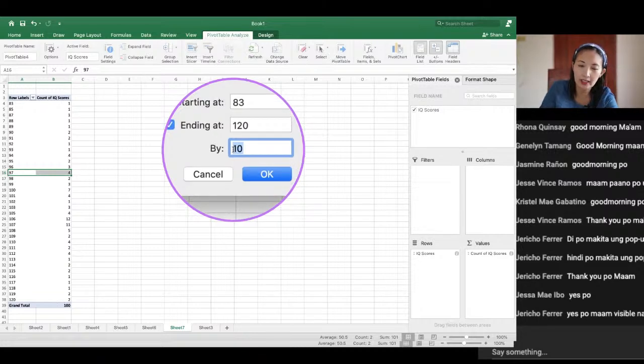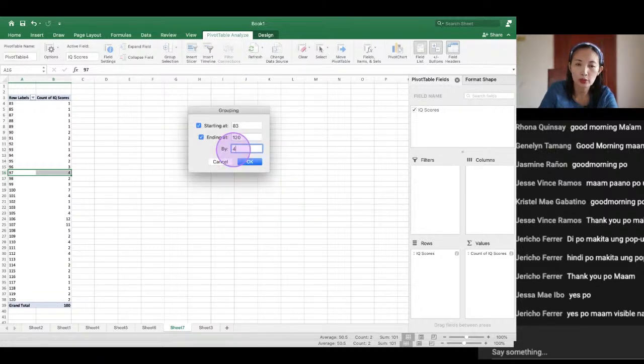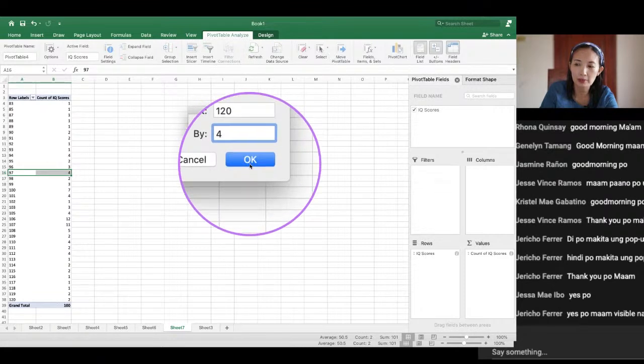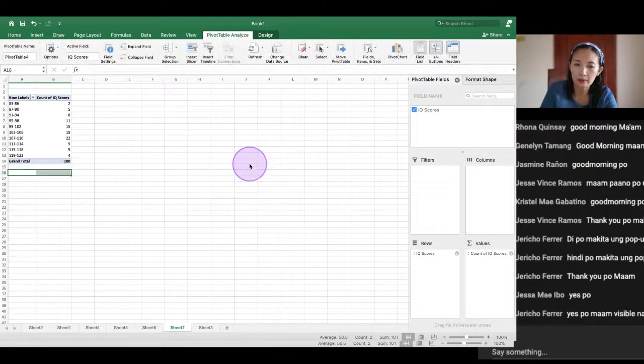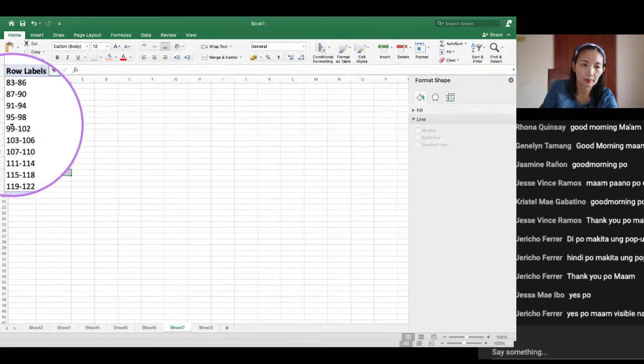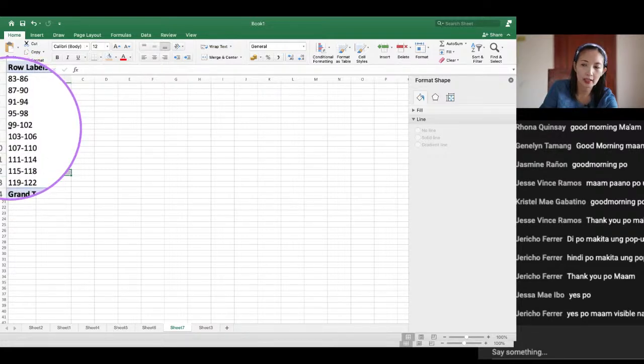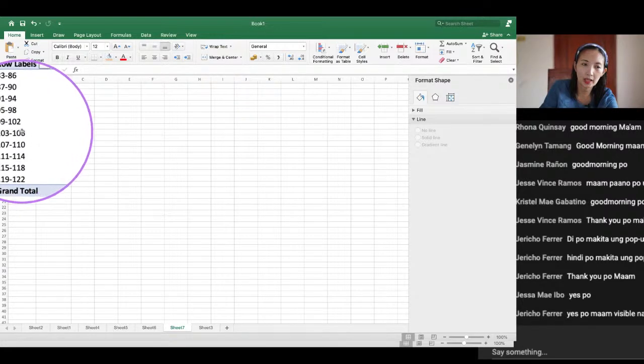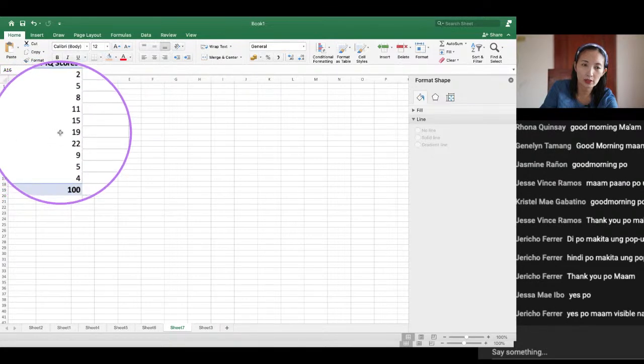What was our class size earlier? 4. So, I'm going to use 4. Then simply click OK. Look at this now: your row labels or classes, 83 to 86, 87 to 90, 91 to 94, and your frequencies have automatically updated to 5, 8, 11, 15, 19, 22, 9, 5, and 4.